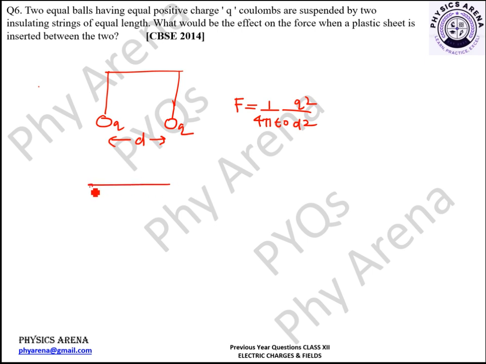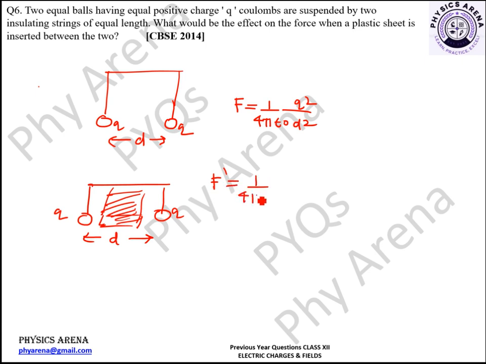Now I have inserted the plastic sheet in between, and the distance between the two balls remains the same. Now what has changed? The permittivity of the medium has changed. So f dash will be equal to 1 upon 4 pi epsilon q square upon d square, where epsilon is the permittivity of the plastic sheet.